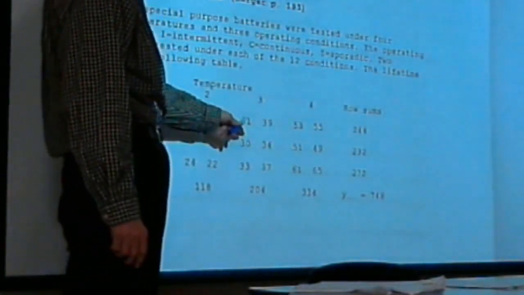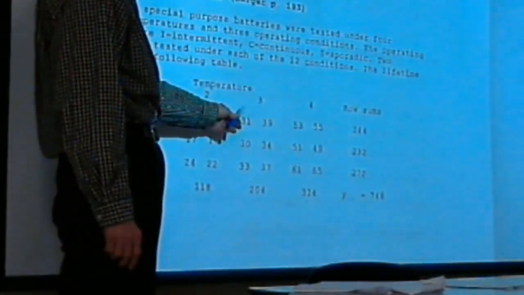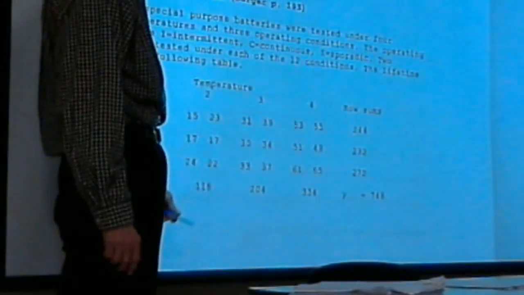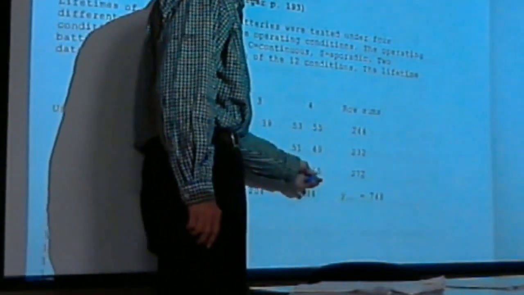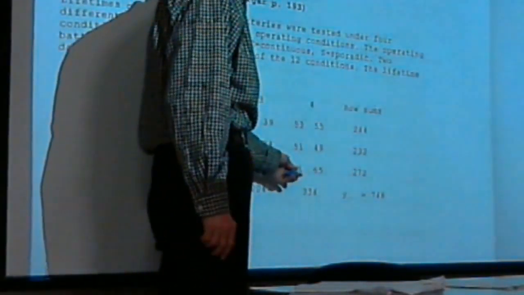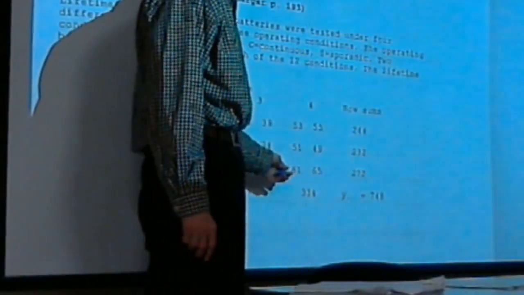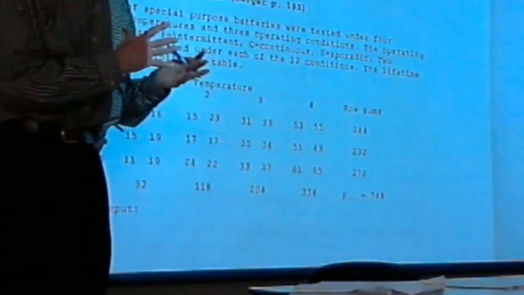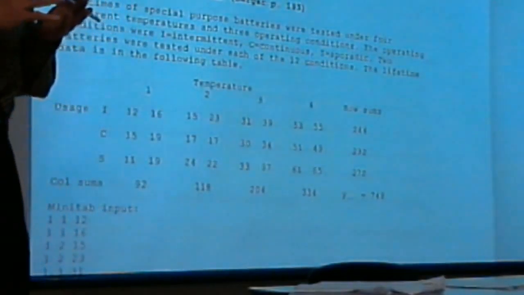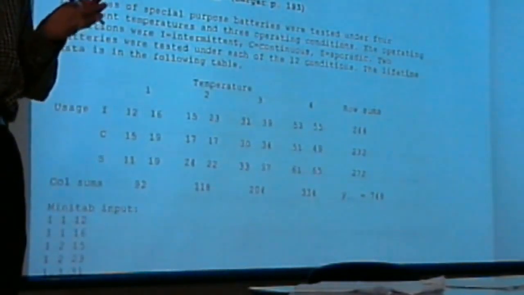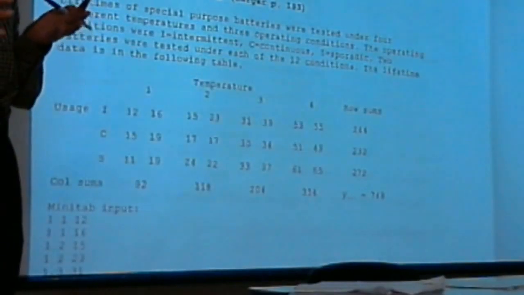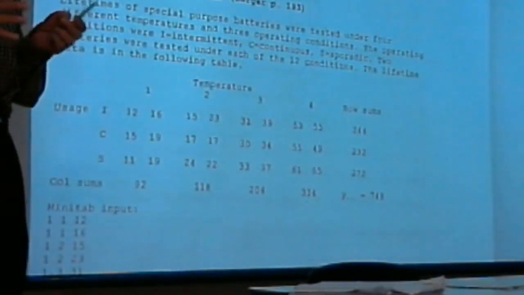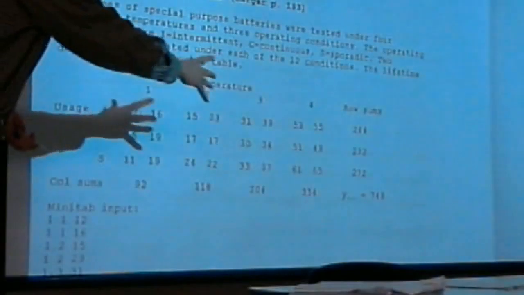This battery over here, again, melted, and you have no observation there. Both of these batteries here got too hot and melted, so I don't have any observations there. So I'm looking at the same data layout, but we got missing observations because of some bad things that happened during the experiment. So now you're looking at this with holes in it.